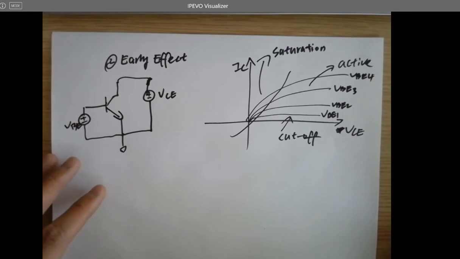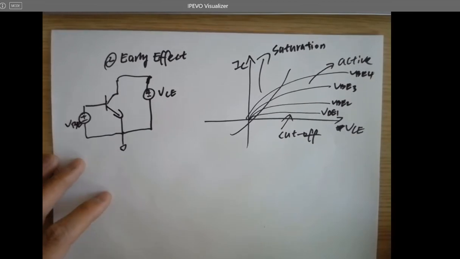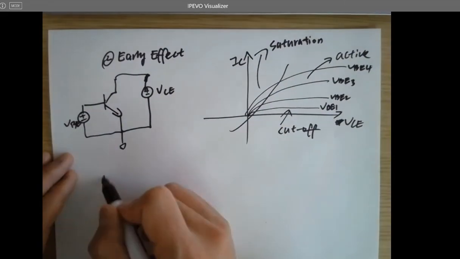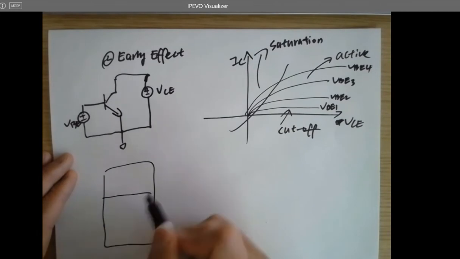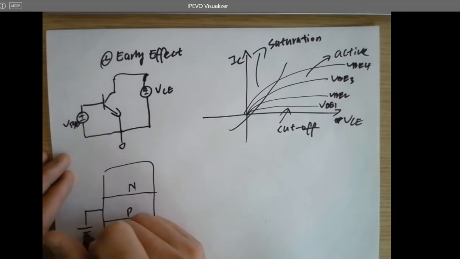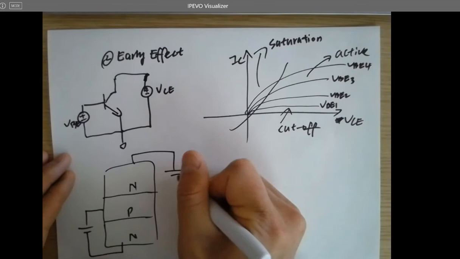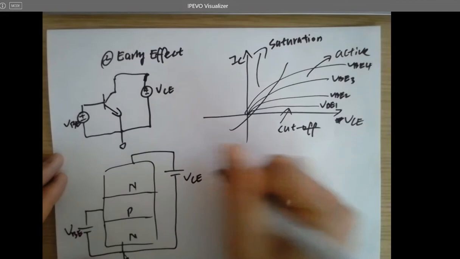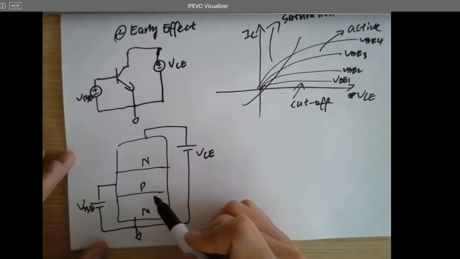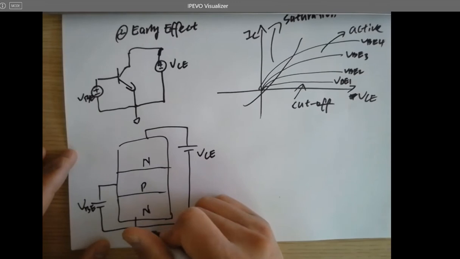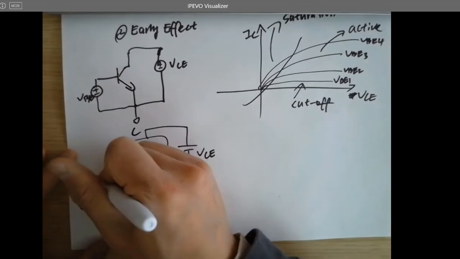And we have to keep, so here's the junctions. How to operate this guy in the active mode. What's the relationship between VB, VC, VE? Here's E, right? Here's C, here's B.